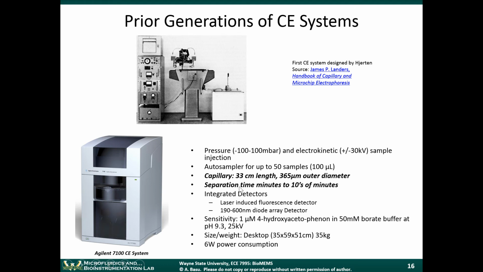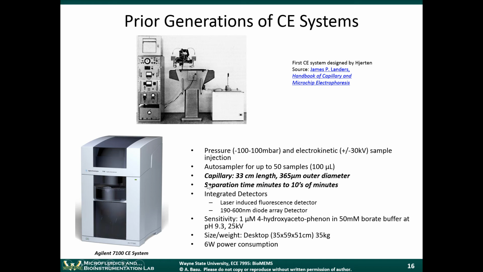This is because the length of the capillary is typically 30 to 100 centimeters, and as I told you earlier, electrophoresis depends on electric field. Electric field is the voltage divided by the length of the capillary. E is equal to V over L. So if your capillary is very long, you're going to need a very large voltage across it to drive the electric field.